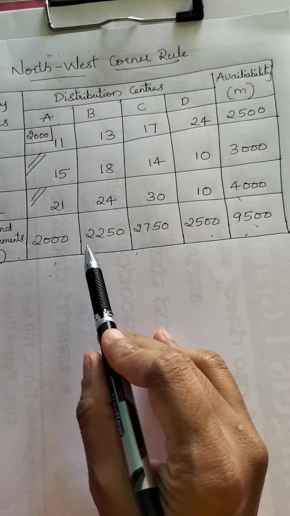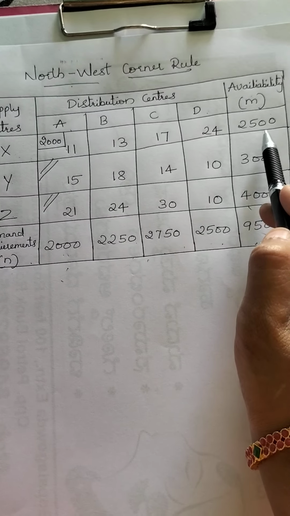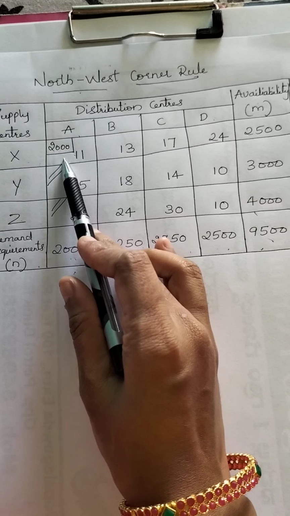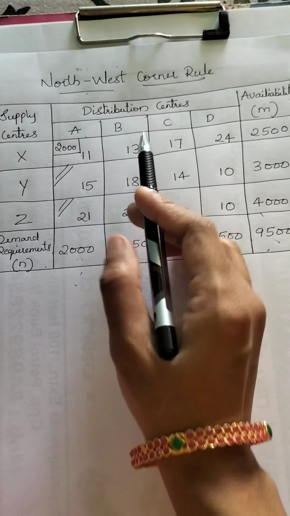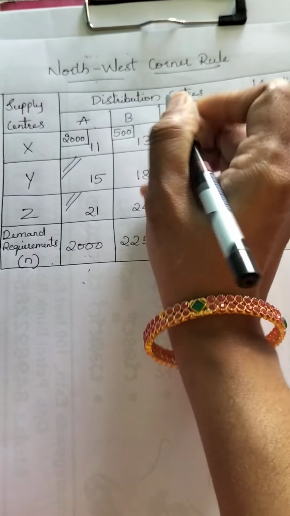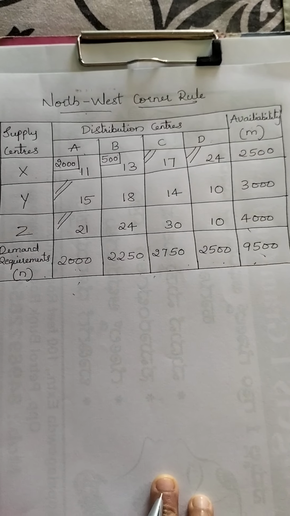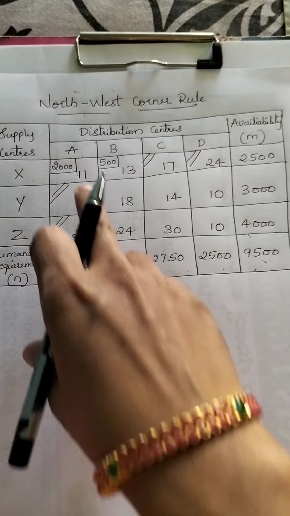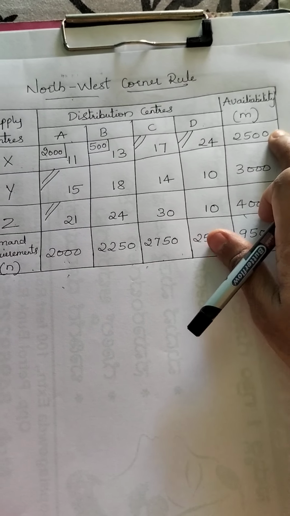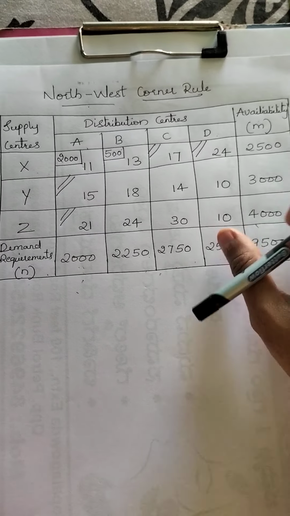Here the requirement is 2250, but in the availability center we have only satisfied 2000, the remaining 500 is left, so we need to allocate 500. So the next two cells are crossed. Why? Because 2000 plus 500, the availability of X center is satisfied, 2500.